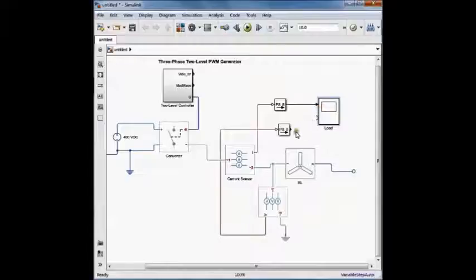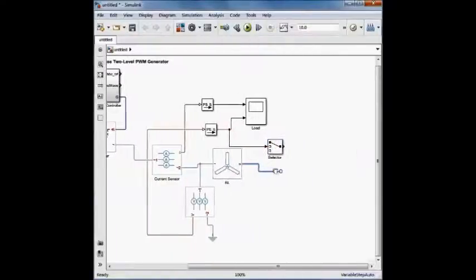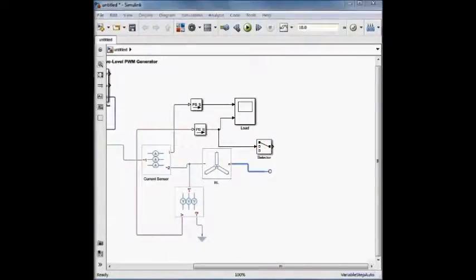The first one is current, the second one is for voltage, and we need to see these signals in an oscilloscope. So I am connecting a selector here, and we need to connect an oscilloscope here. So this is the oscilloscope.